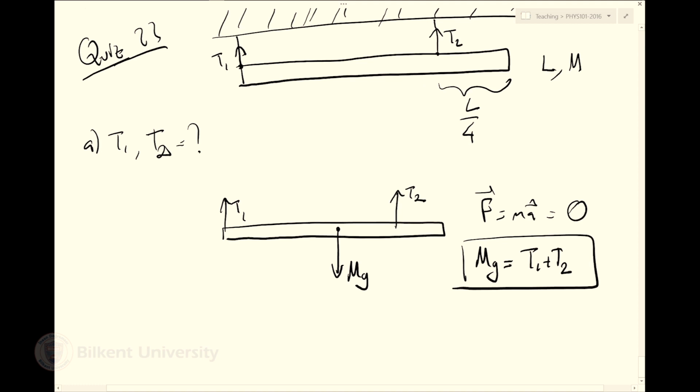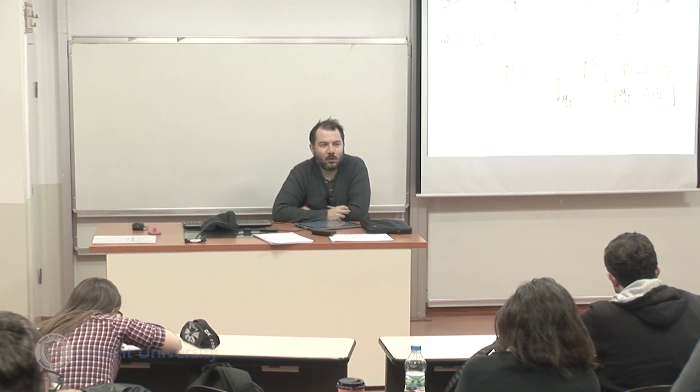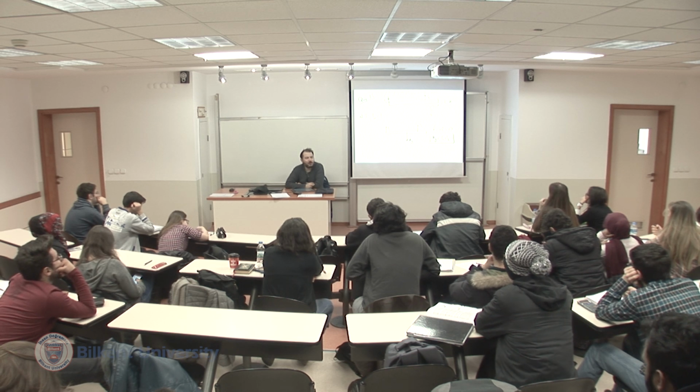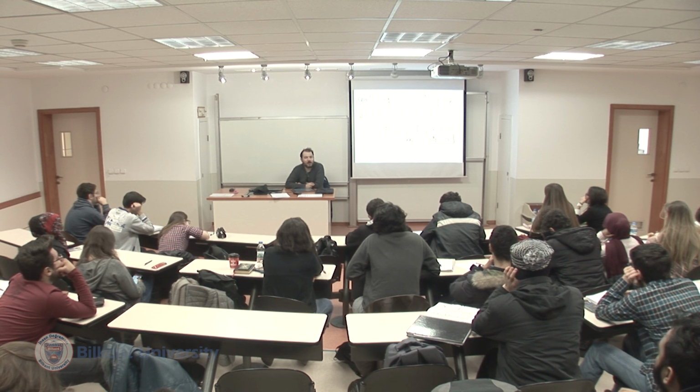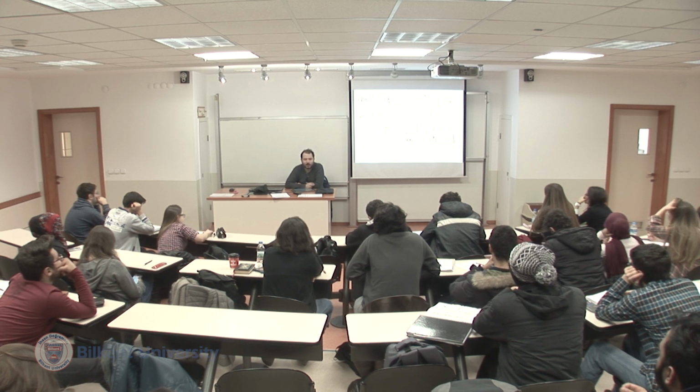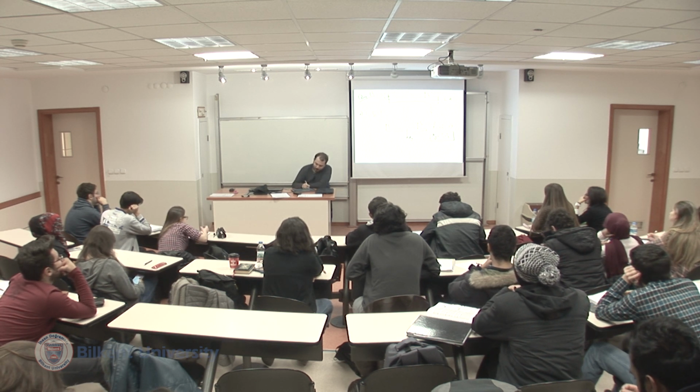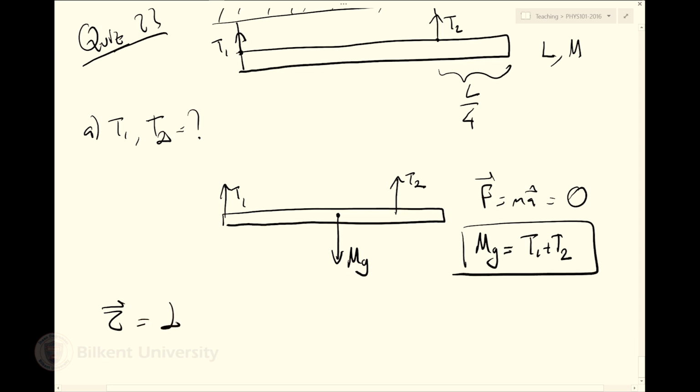Good. What else do I need? Obviously, I have two unknowns, T1 and T2. I need one more equation. And I actually have one more Newton's equation for this rigid body, which is torque equals I times alpha. But in a static situation, there is no angular acceleration.